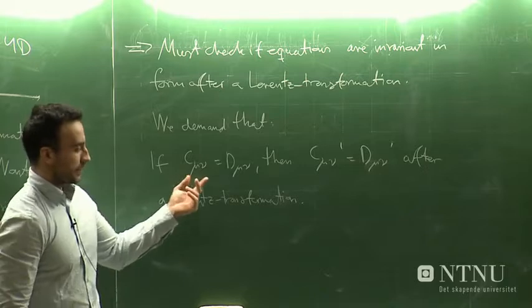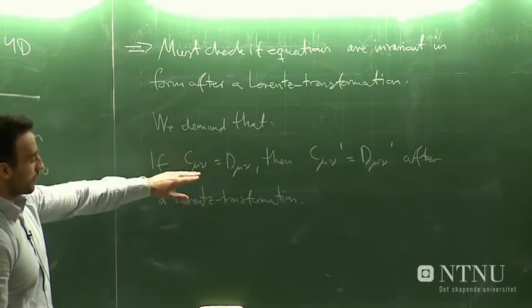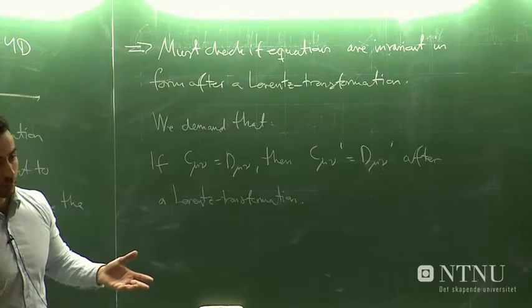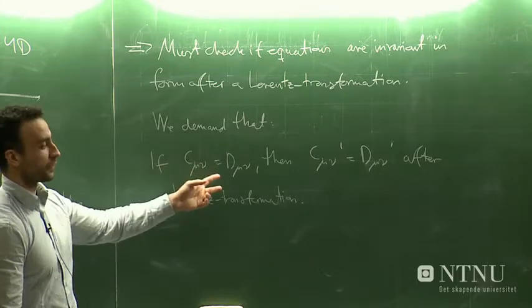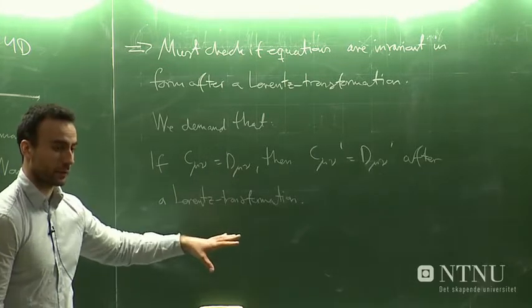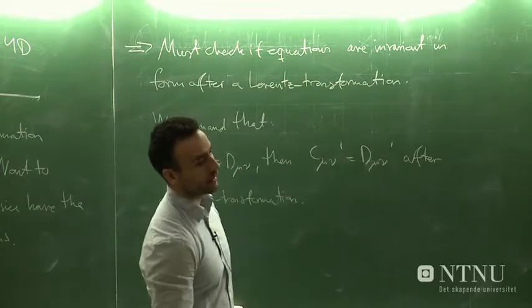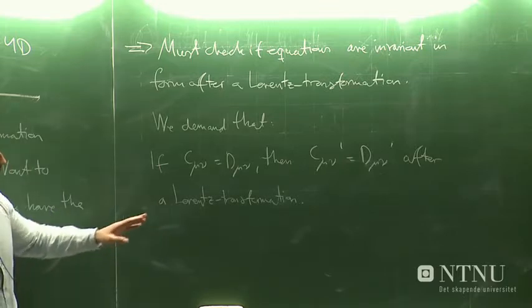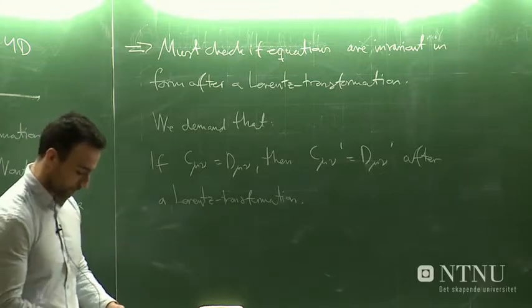So what we're demanding is that if you have the following equation describing some laws of physics, in general a matrix equation, which may be a scalar equation just in the special case of a one-by-one matrix, you have C equals D. Then if you Lorentz transform both sides of the equation, so you get C prime equals D prime, they should have the same form. So by Lorentz transforming both sides, the equality sign should still hold.